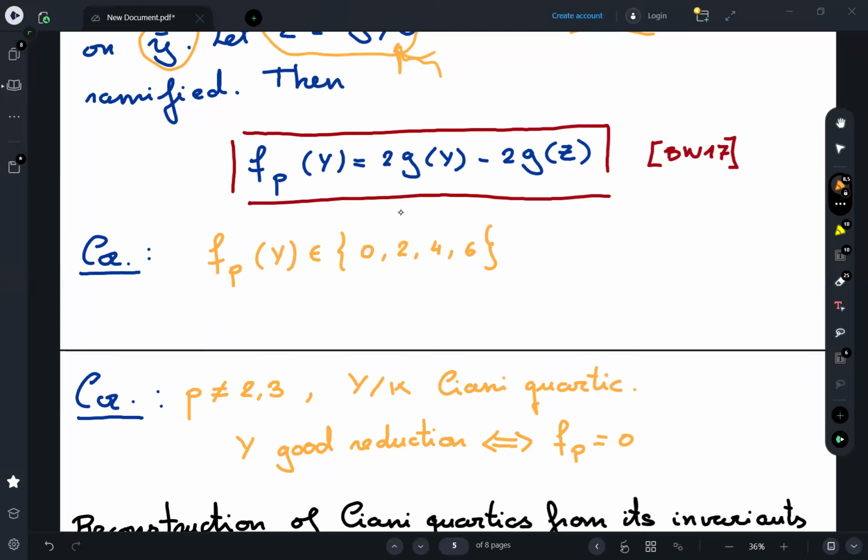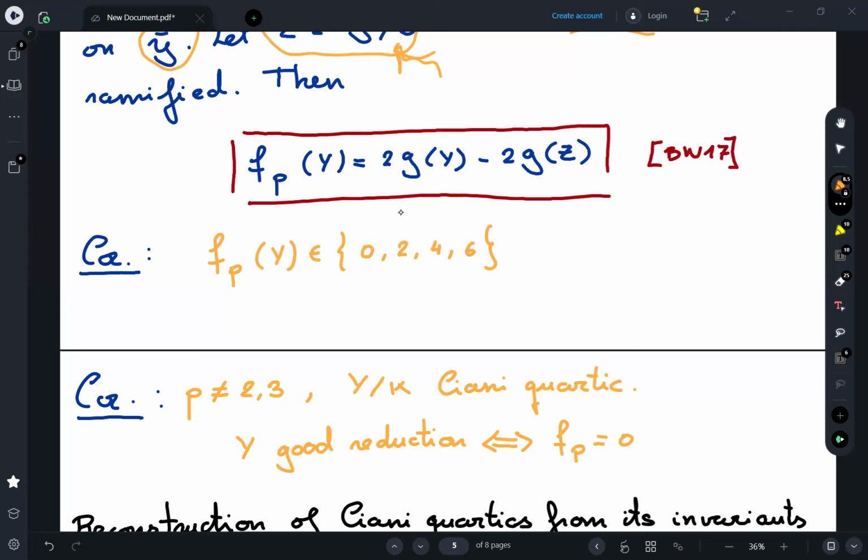If the curve has good reduction, then the Jacobian has good reduction, and then the Néron-Ogg-Shafarevich theorem tells you that the conductor is 0. But the reverse implication, that conductor 0 implies good reduction of the curve, does not always hold. But we managed to prove this for Ciani quartics by using this formula and by studying the possibilities for the reduction type.